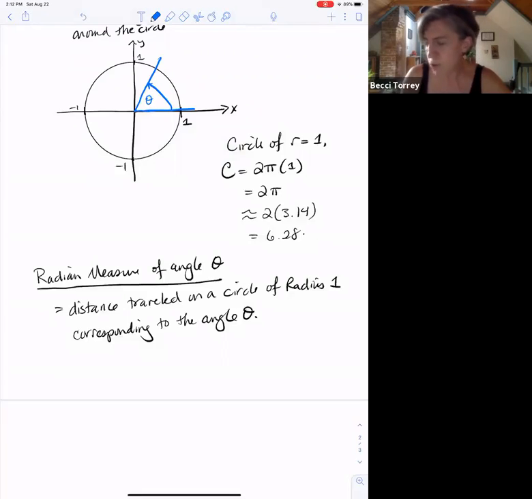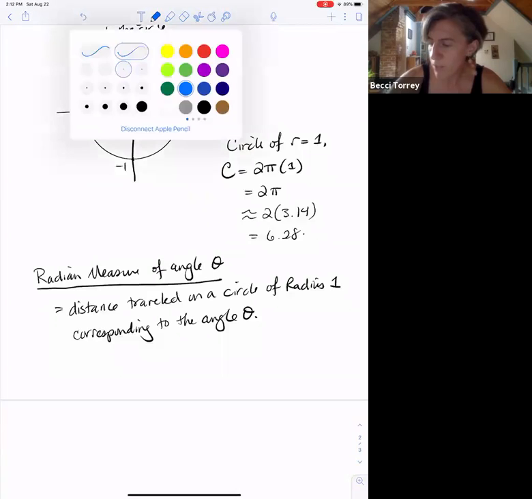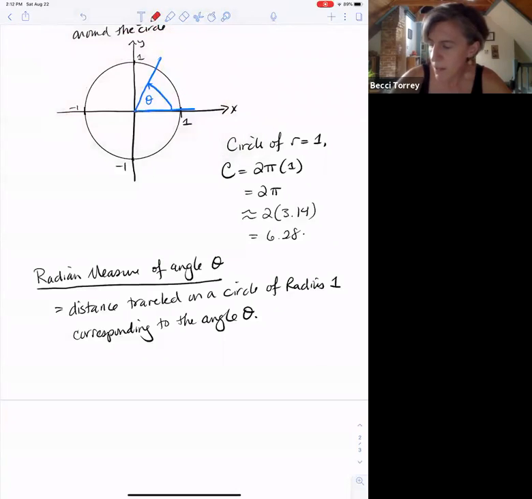So we're going to start here, and we're going to rotate by some angle theta. Okay, and when I say corresponding to the angle theta, I mean how far am I walking on the circle of radius 1 to hit that end point, we call it the terminal side of that angle. And so if I have an angle of 2 pi, I walk that full 6.28 miles.